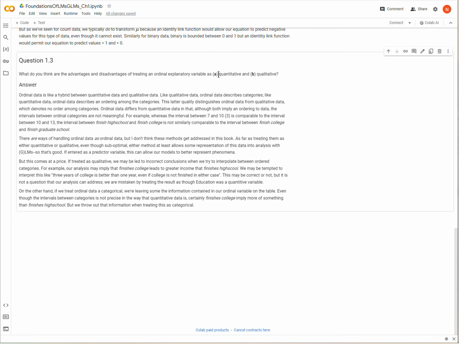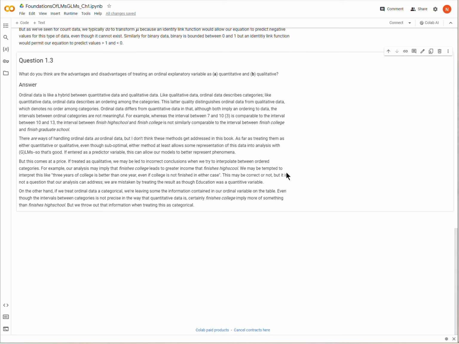If we treat it as qualitative first, let's say that we're putting in highest education level attained, so we have categories like finish college, finish high school, whatever. Even though the interval between, say, finish high school and finish college is not a numerical interval, there is some kind of information contained in that hierarchy.